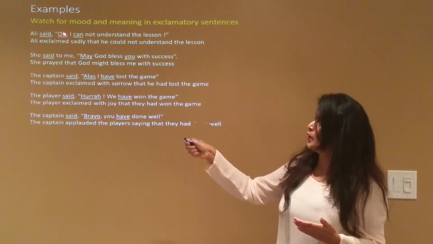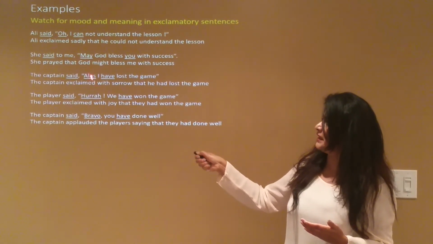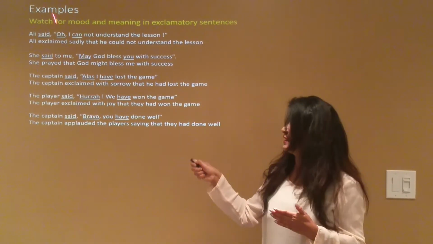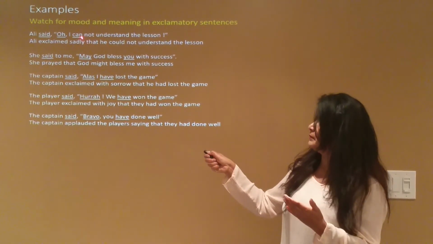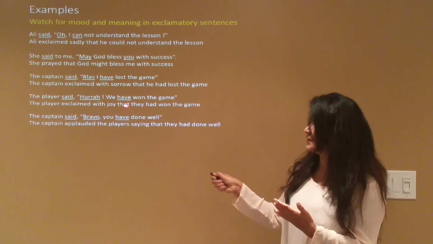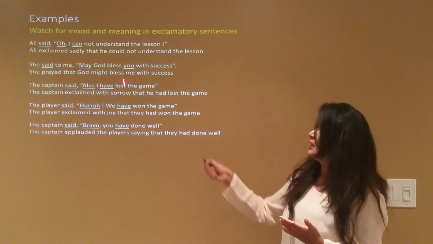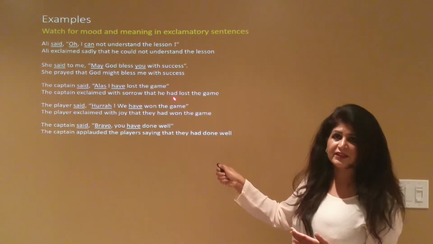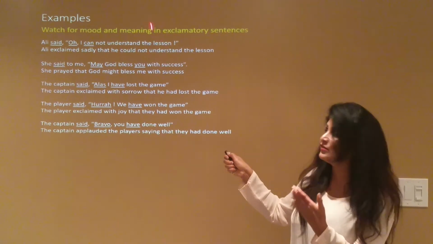Okay, then look for these words, oh, alas, hurrah, bravo. You have to replace that. Then look for some other verbs or modals that you come across in the sentence that need to be changed, and you underline them and then change the sentence using these rules.